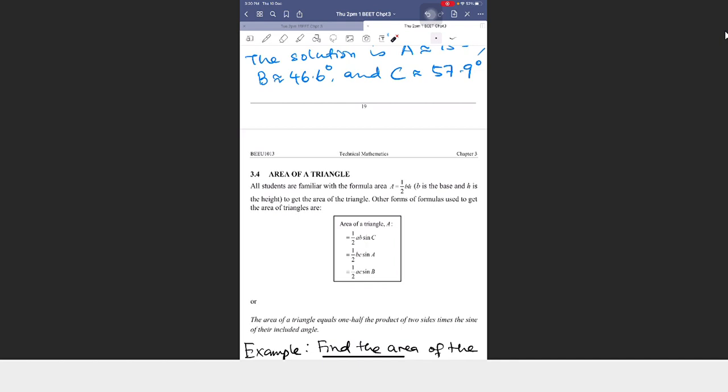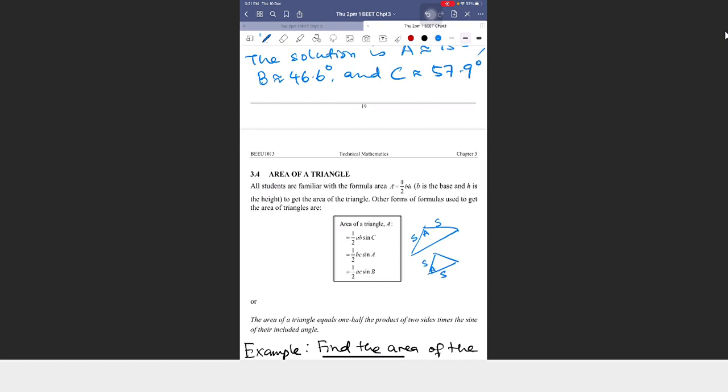The first formula is for the SAS type of triangle, the one with the included angle, case 3. So this is the SAS type, like that, or you may have an SAS type like this.